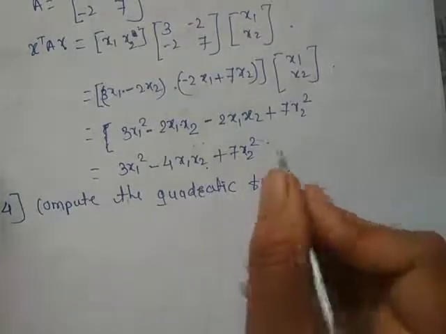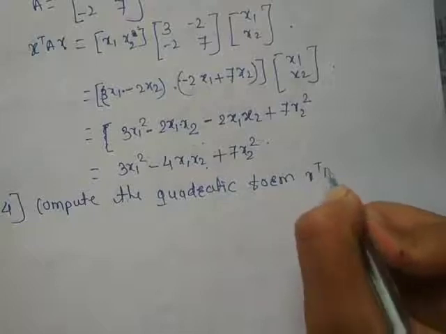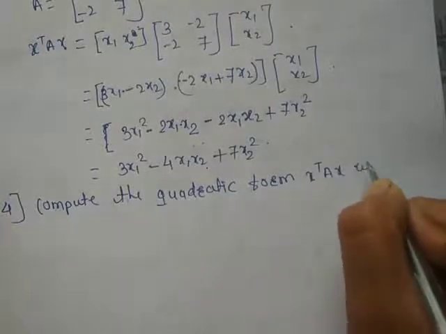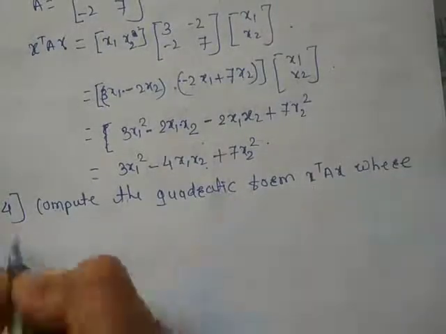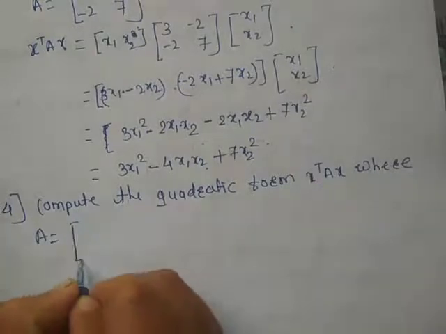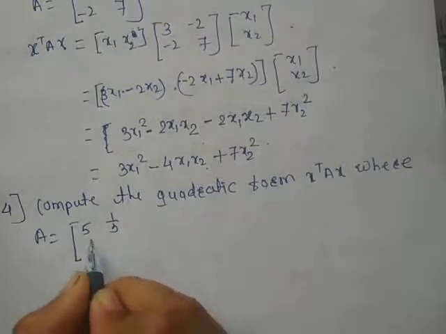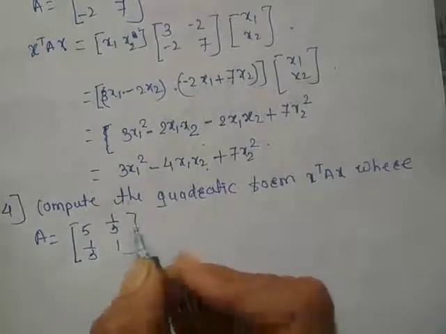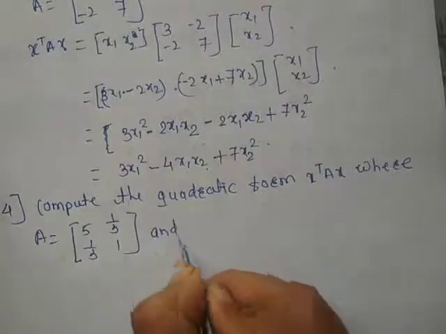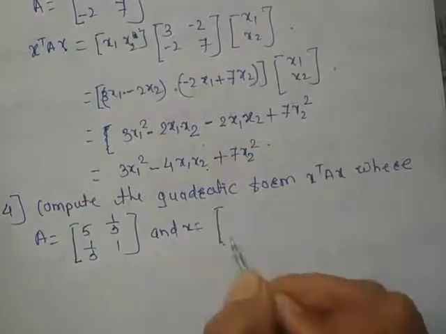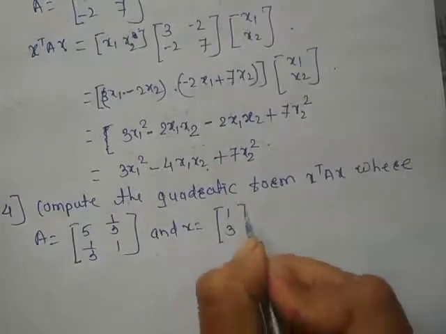Compute the quadratic form x transpose A x, where A is the matrix 5, 1 by 3, 1 by 3, 1, and x is the vector 1, 3.